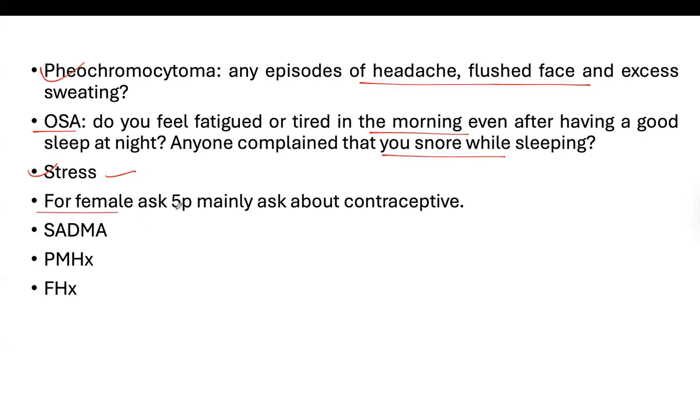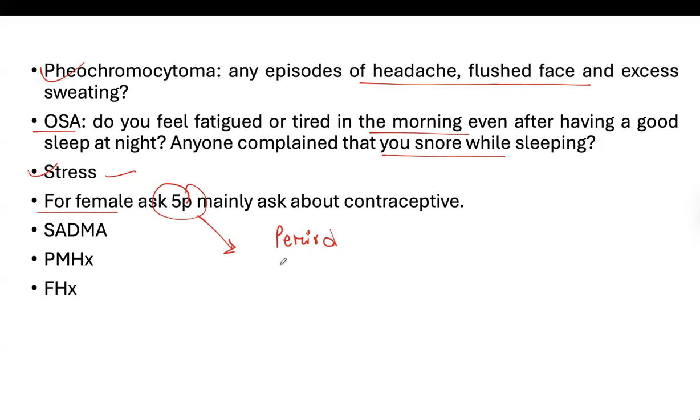If it is a female patient, do not forget 5P, which means we ask about when was your last menstrual period, because in females of reproductive age, we need to make sure that they are not pregnant. That's really important. So when was your last menstrual period? Is it regular or irregular?